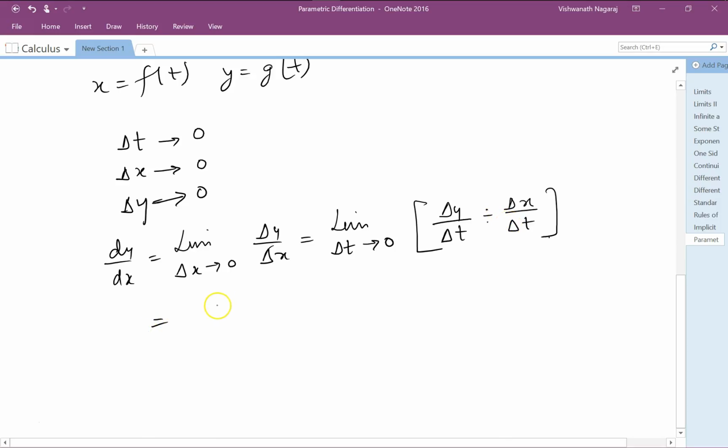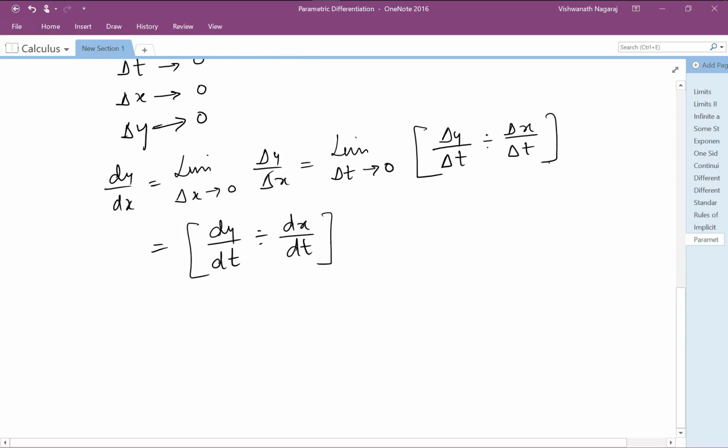So when we take the limit, what happens? It becomes dy by dt divided by dx by dt. So this is the expression that we need to use to find the derivative of parametric functions.